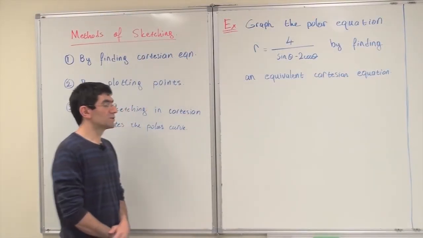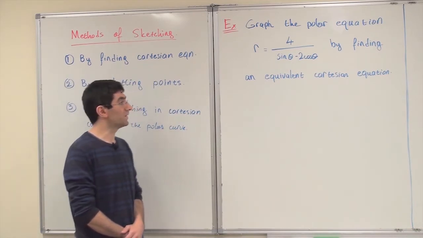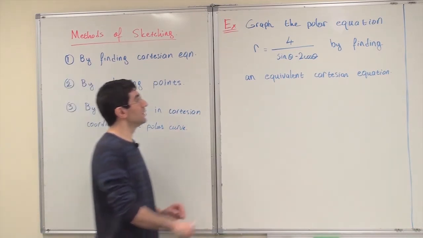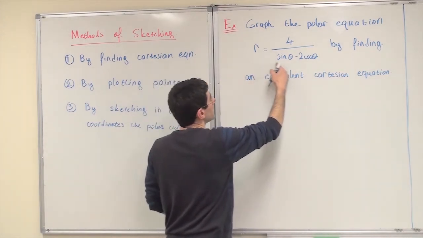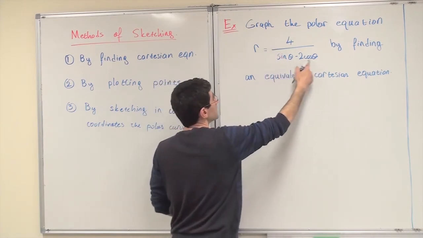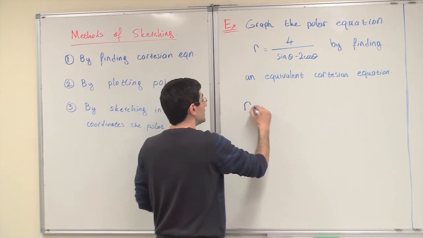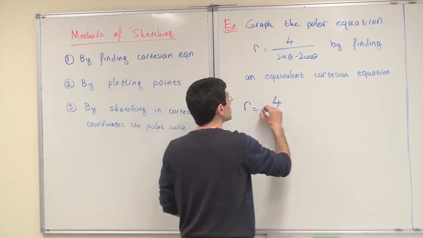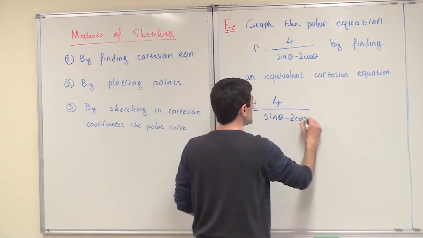This exercise is going to illustrate the first method of sketching, which is by finding Cartesian equation. So, in this exercise, we are given a polar equation, r equals 4 over sine theta minus 2 cosine theta. We are going to first change this into Cartesian coordinates.